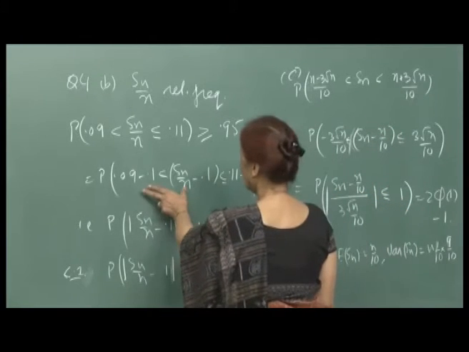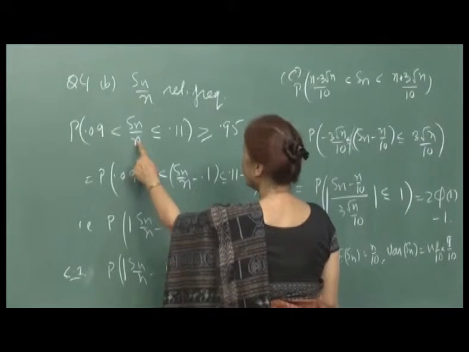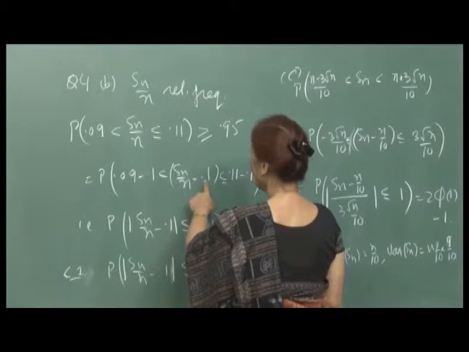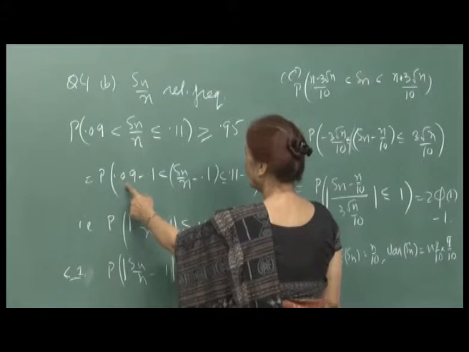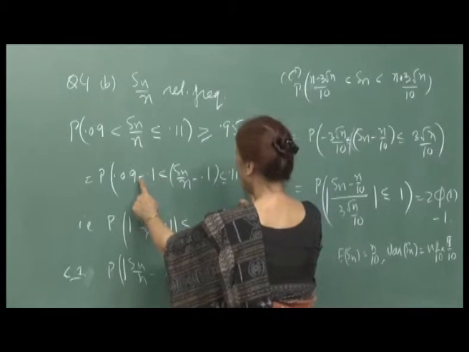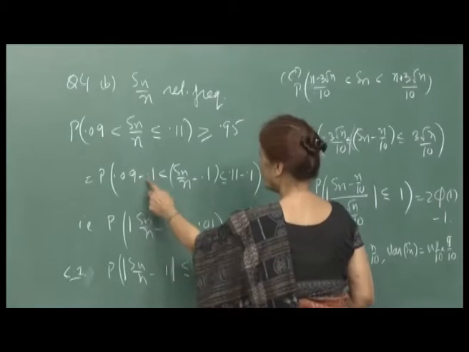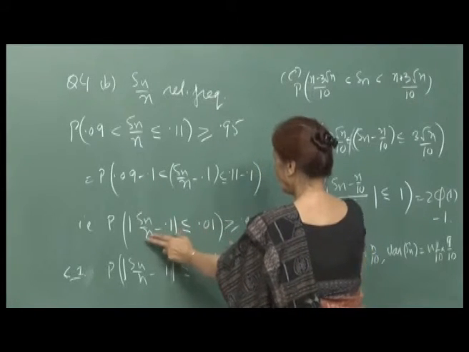So, again I standardize the whole thing. So, this is Sn by n minus 0.1, because 0.1 is the expected value here, so subtract 0.1 from either side, and the difference is 0.01.